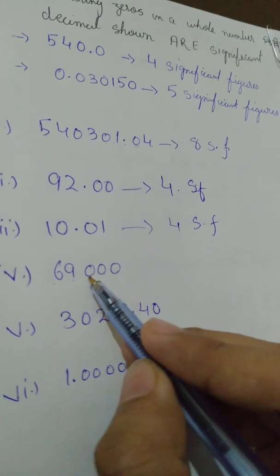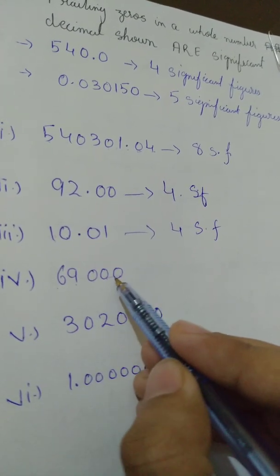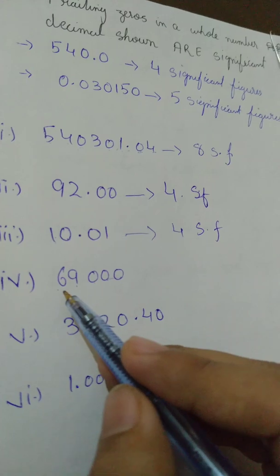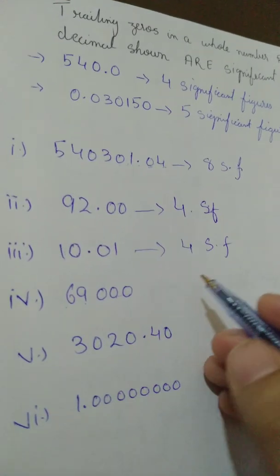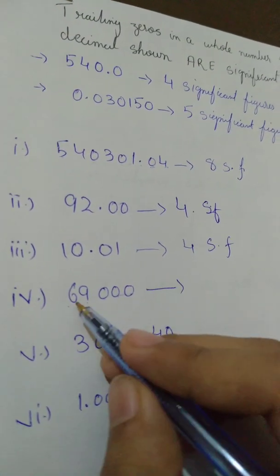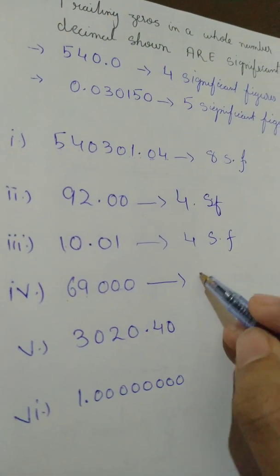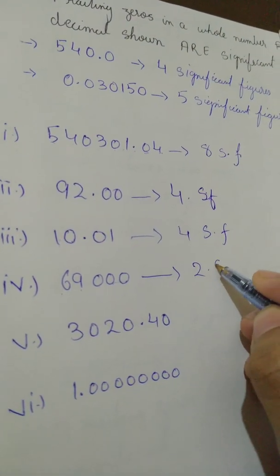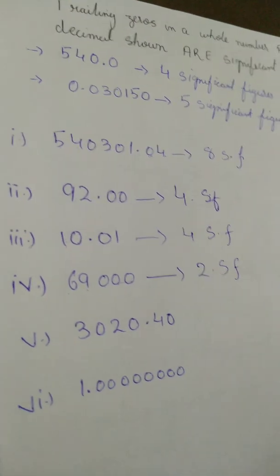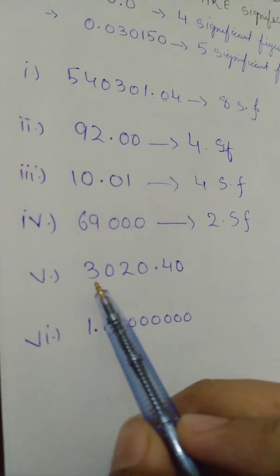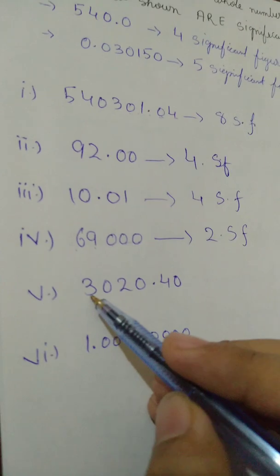69,000. These zeros are trailing zeros, but there is not a decimal point here anywhere, so this number will only have 2 significant figures, 6 and 9. Now 3020.40.